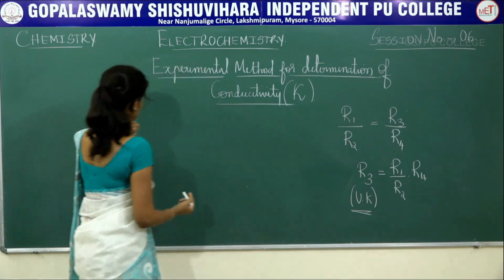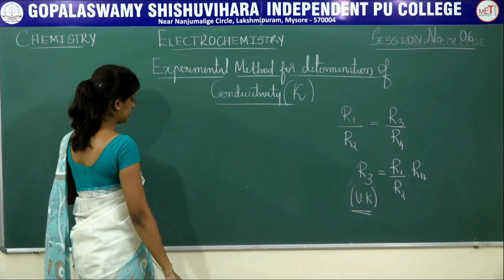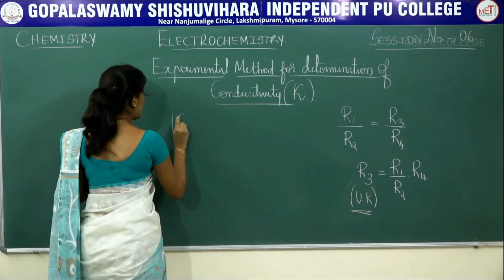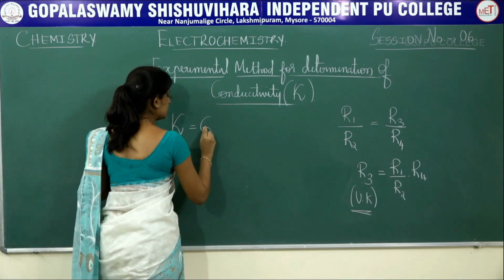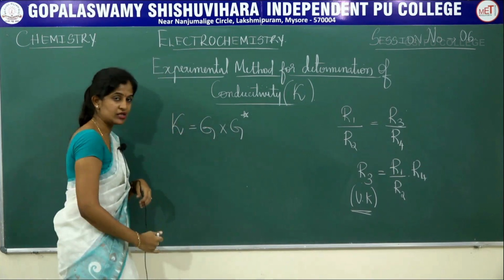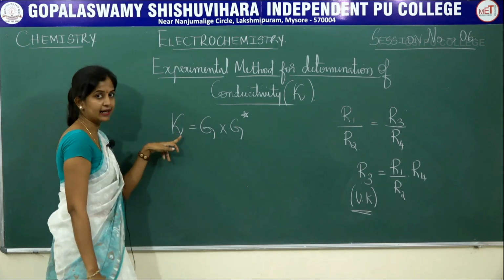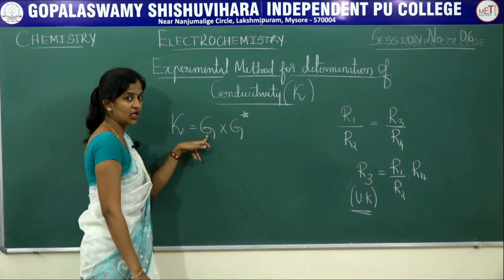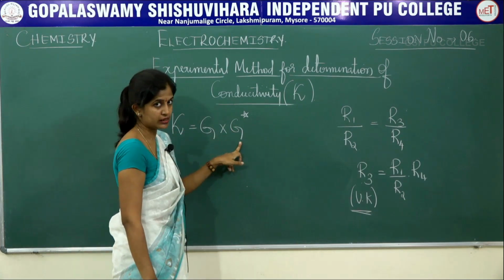We know the equation, we have already studied in the previous sessions, wherein kappa is equal to G into G star. That is, specific conductance is equal to conductance G into cell constant.